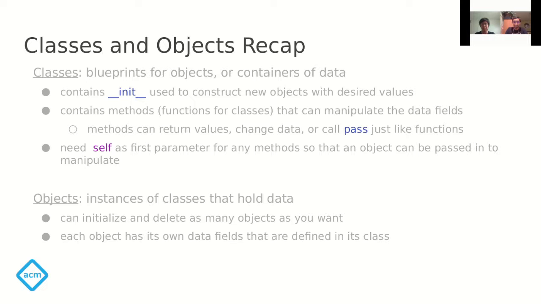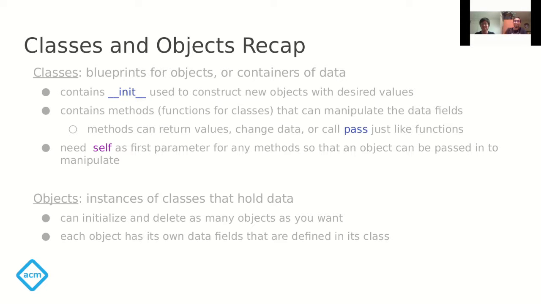All right, cool. So let's do a quick recap on classes and objects. So again, classes are blueprints for objects or containers of data, right? So every class needs an underscore underscore init underscore underscore, and it's used to construct new objects. That's how you create and initialize new objects with certain values. Thank you, Elias.